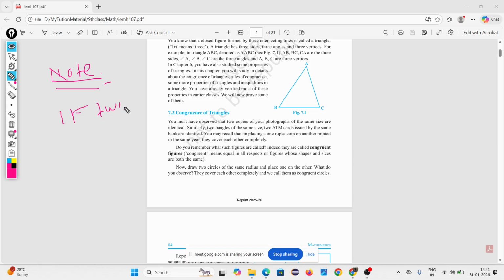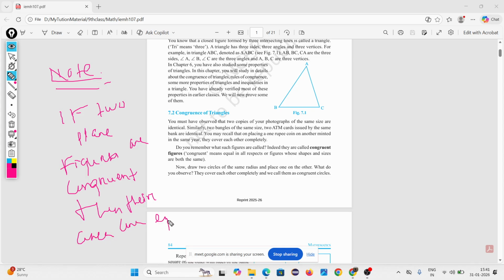Look, if two plane figures are congruent, then their areas are equal.